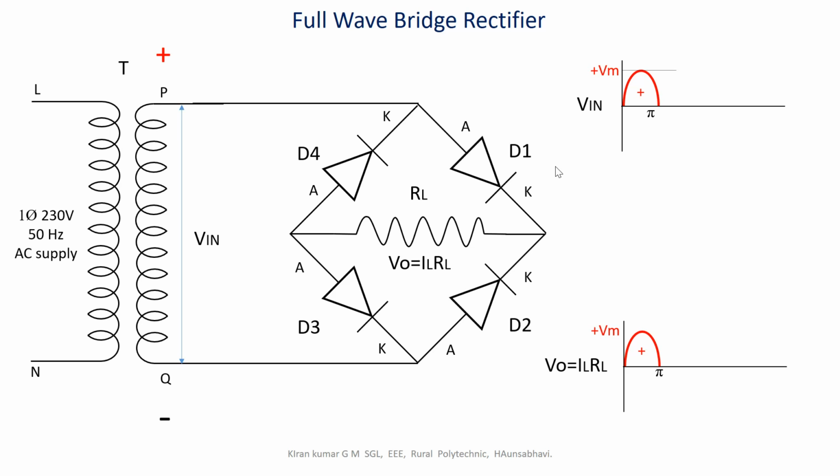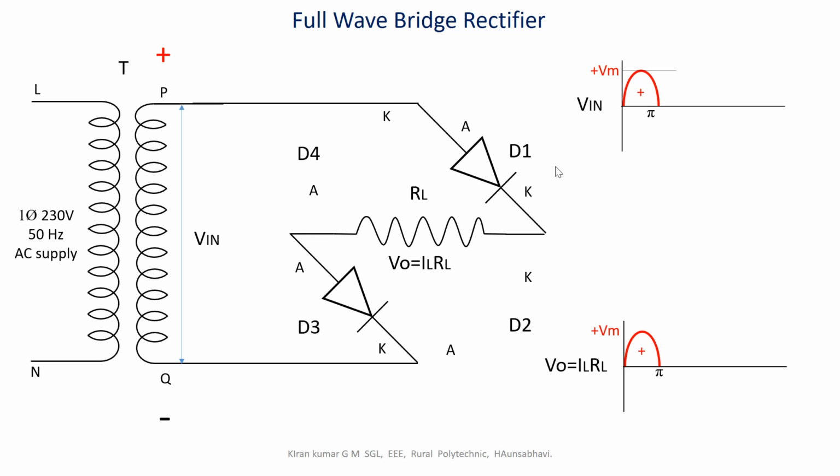Due to this polarity of the input cycle, diode D1 and D3 will be forward biased and D2 and D4 will be reverse biased during this half cycle period from 0 to pi radians. The simplified circuit will be seen like this.